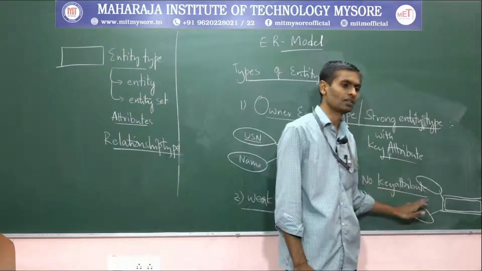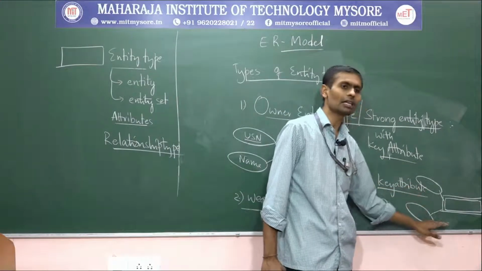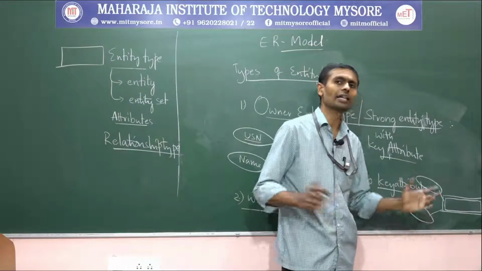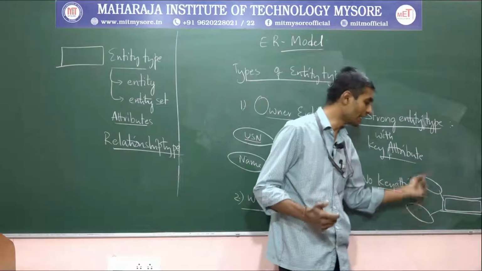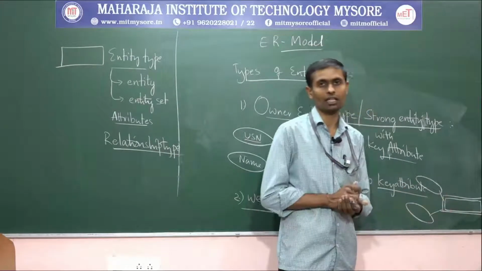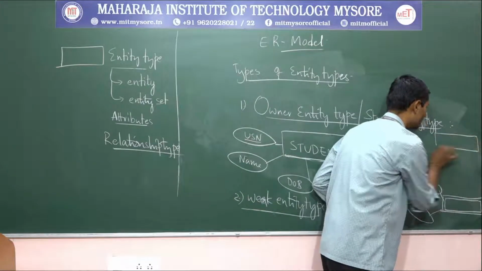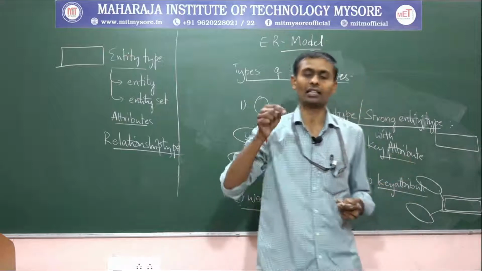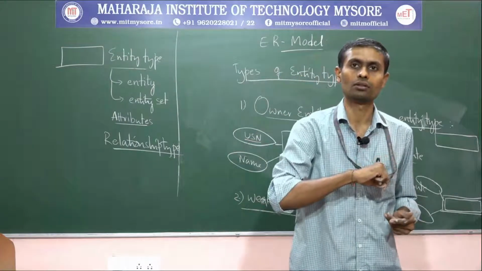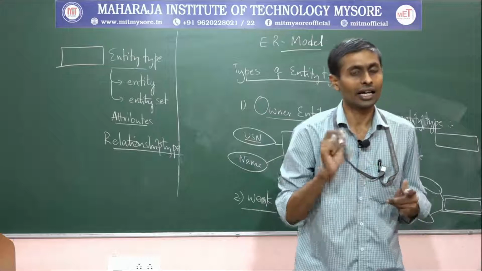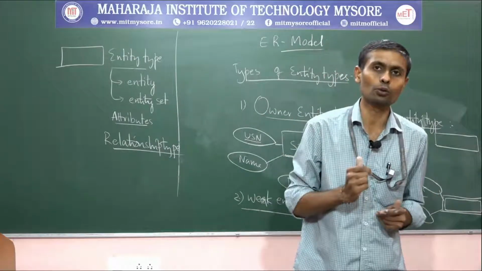Since we don't have any specific attribute like a key attribute to identify the instance of this weak entity type, we'll take the help of an entity type that has a key attribute. Can you tell me, guys, an entity type which has a key attribute, what do we call it?